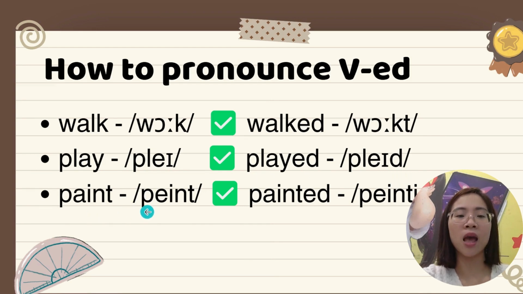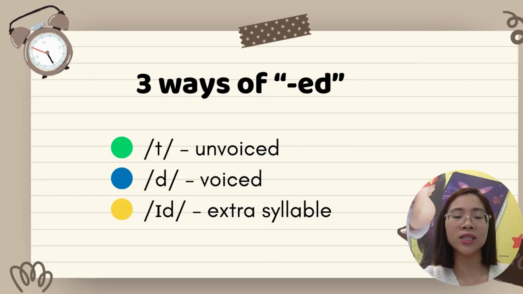Paint, painted, with ed. So you see here ed is pronounced t, here ed is pronounced d, and here ed is pronounced ed. So it's easy to see that there are 3 ways to pronounce ed, right?